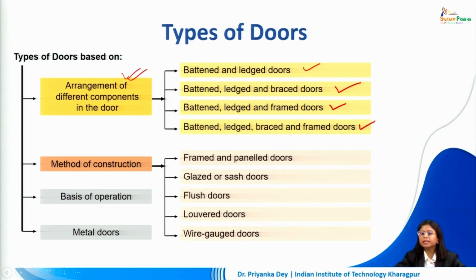So this is how we can classify them on the basis of components that make up the door. Now if we want to classify on the basis of method of construction, then the door may be of framed and panel type, glazed or sashed door, flushed door, louvered door and wire gauged doors.